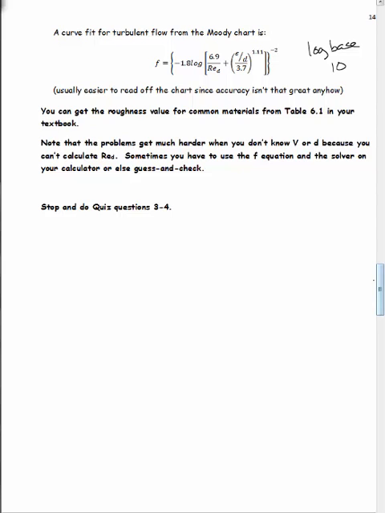So if you have Reynolds number, it's usually a lot easier just to read it off the chart. And both of them only have an accuracy of about plus or minus 10%. So it's not all that great either way you go. Don't think that using the equation is going to make it more accurate. As long as you read the Moody chart right, that's just fine. Okay, stop here and do quiz questions 3 and 4.